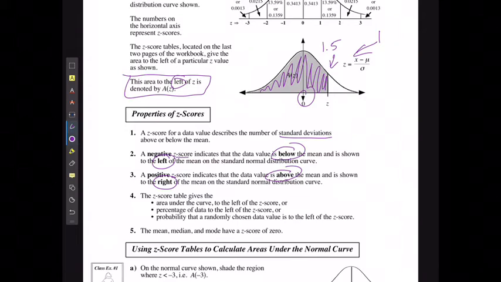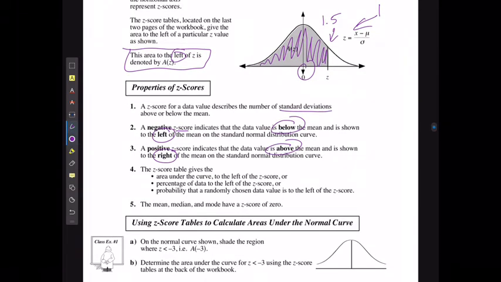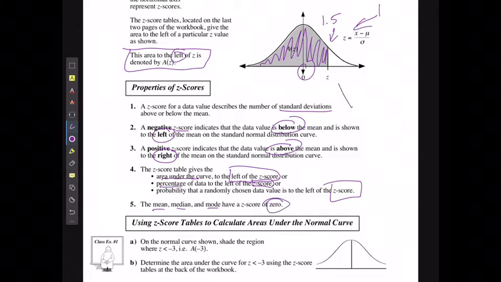The z-score table gives us the area under the curve to the left of the z-score, or we can use this to find the percentage of the data to the left of the z-score, or the probability that a randomly chosen data point is going to exist to the left of that point. The mean, median, and mode always have a z-score of 0, just like our standard deviation table.